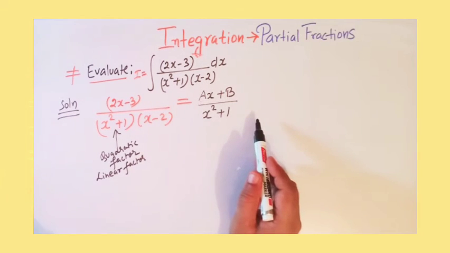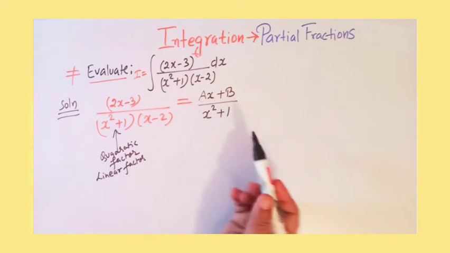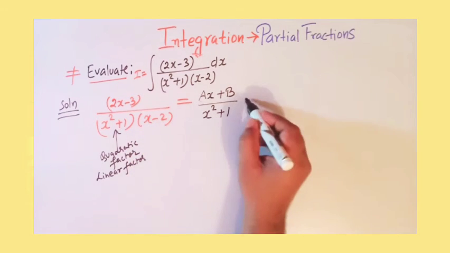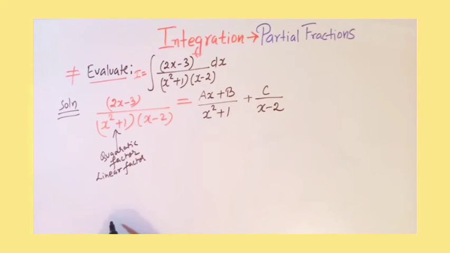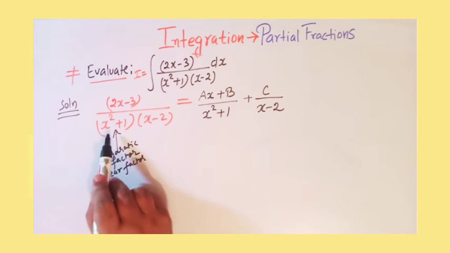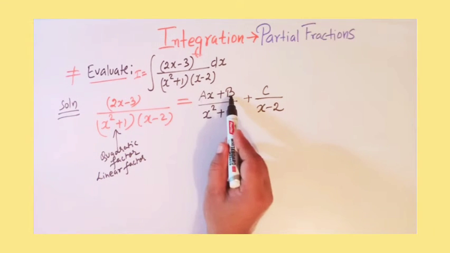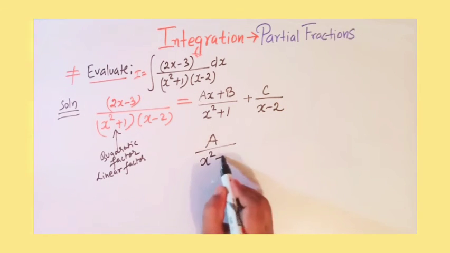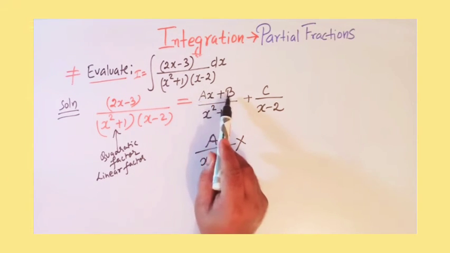I have already explained all these things in my previous video, so you can watch it. And now we have this factor, so we have here c divided by x minus 2, right? We cannot simply write a divided by x square plus 1. So we have to write ax plus b.